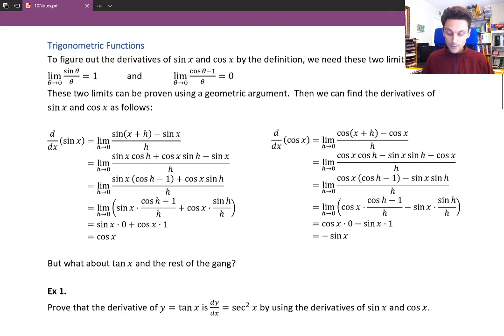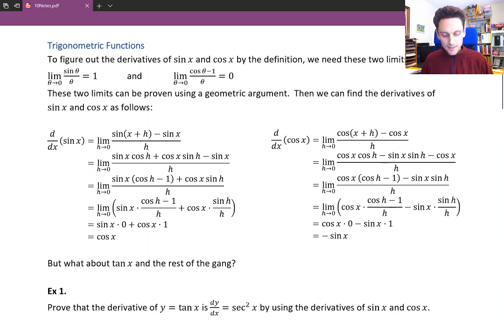So the derivative of sine of x is, by definition, the limit as h approaches 0 of f of x plus h minus f of x all over h, where f of x in this case is sine of x. So we have sine of x plus h minus sine of x all over h.